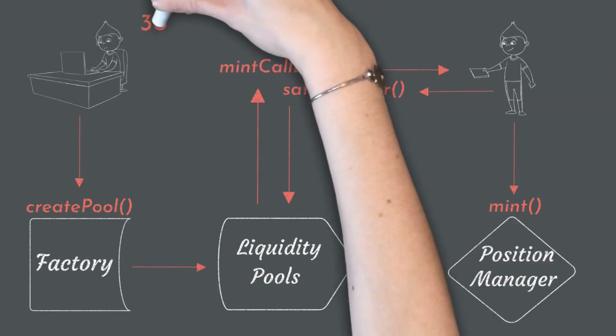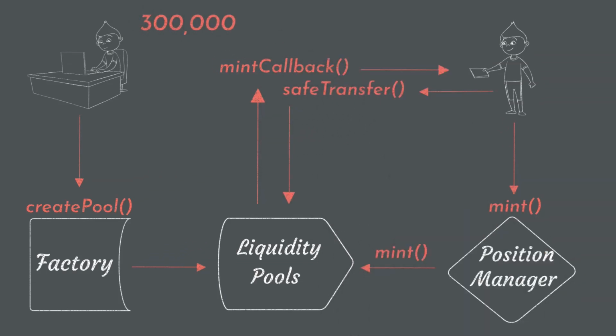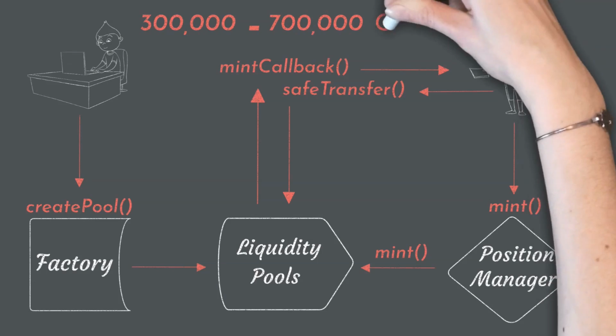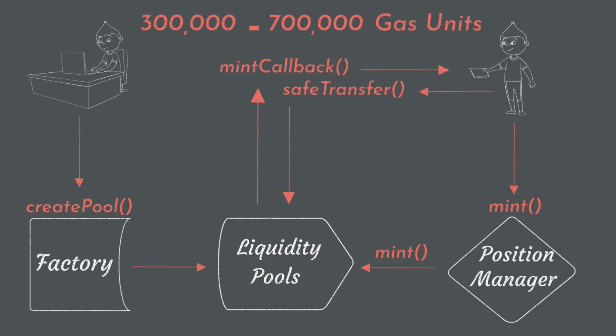As you can see, this design can easily cost 300,000 to 700,000 gas units. At that time, it made sense given the technology available, but with new ideas and improved efficiency, it was time for a rethink. That's where Uniswap stepped in, reimagining how pools are created and managed. Let's take a look at how version 4 does it for us.